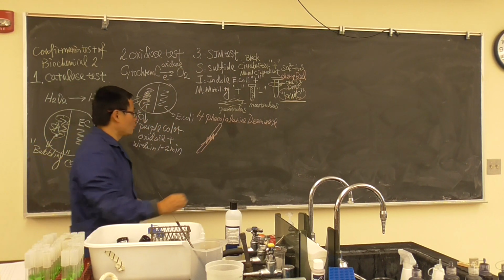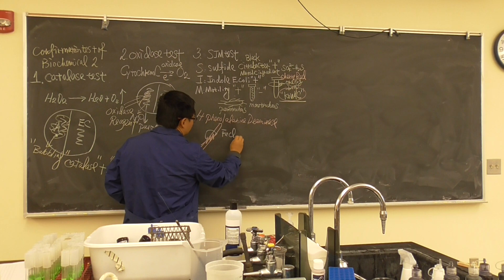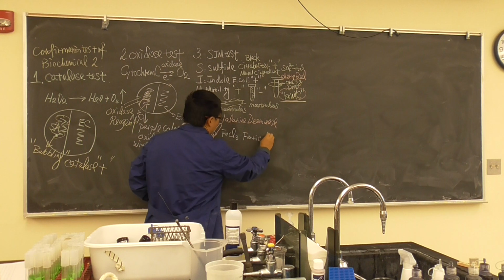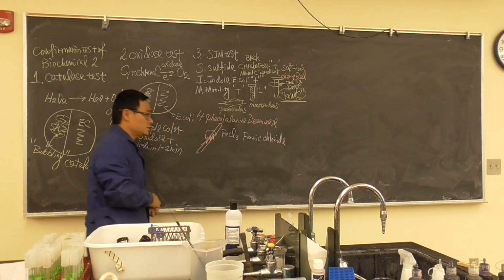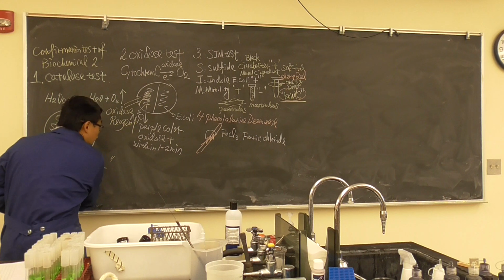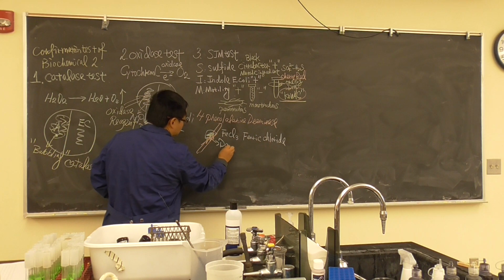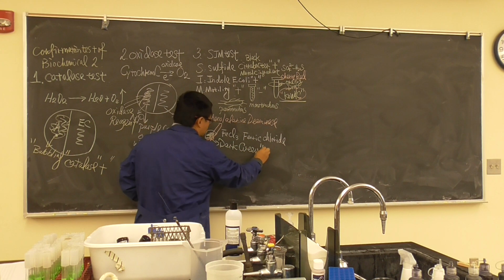We need to add 1 drop FeCl3, ferric chloride. If you see the color, which is showing you dark green color, it is positive.